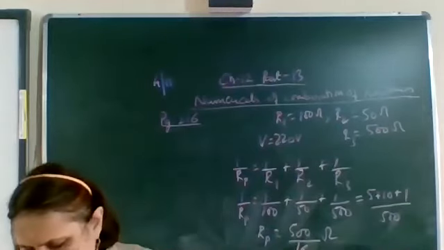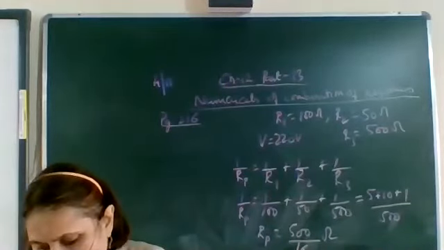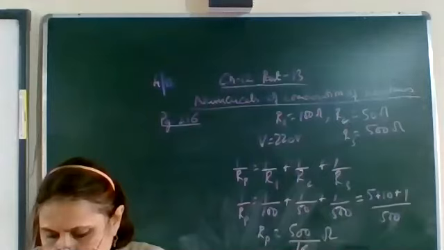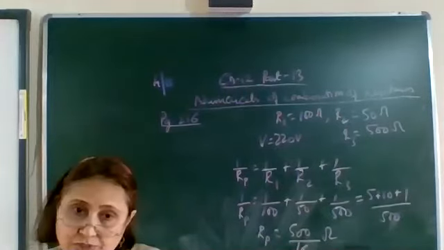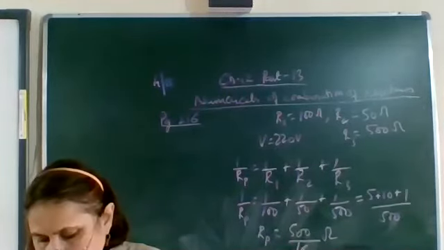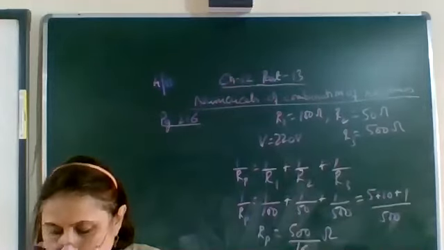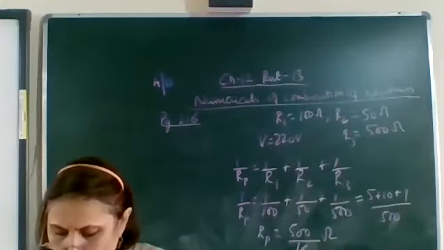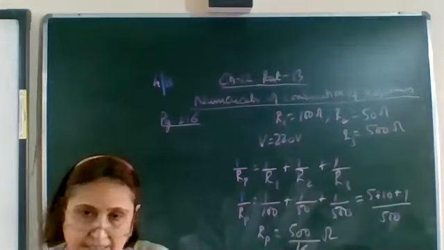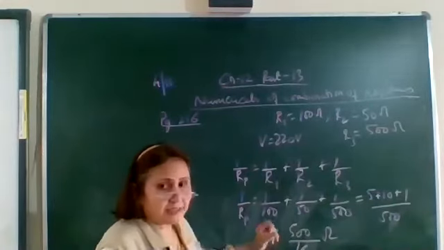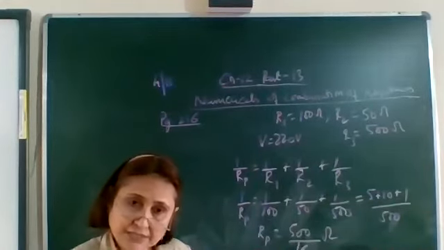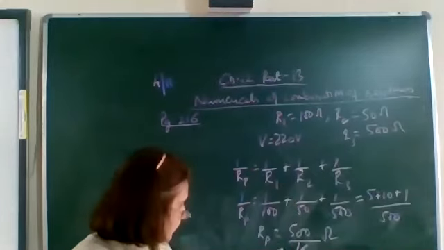Now let's read the question further. What is the resistance of an electric iron which is connected to the same source that takes as much current as all the 3 appliances, and what is the current through it? So, what will be the resistance of the electric iron as it is taking the same amount of current?